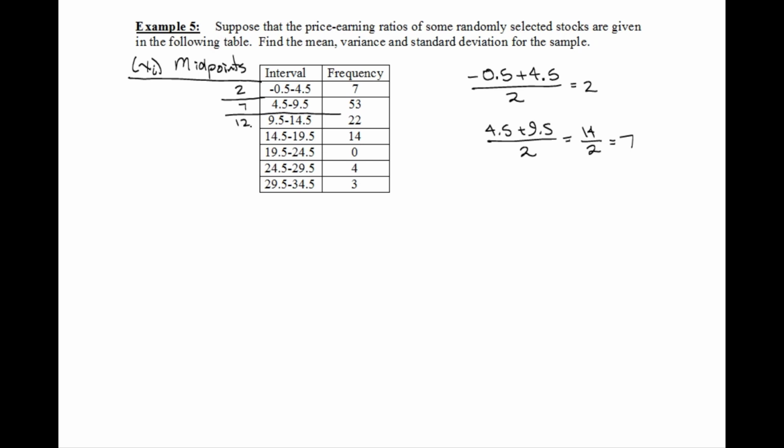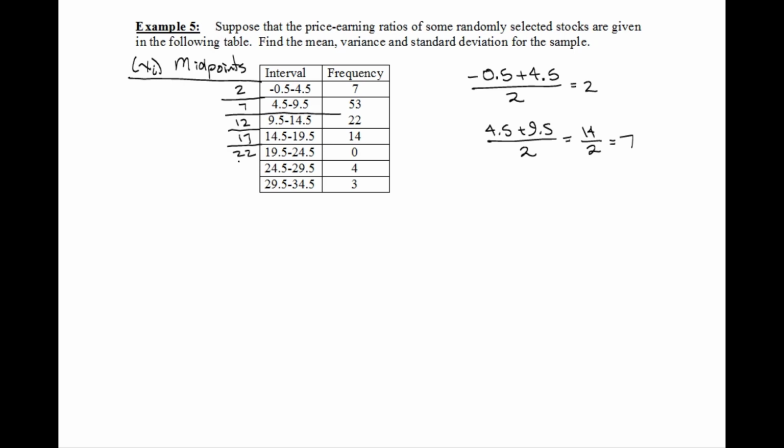Notice if all of my intervals are the same width, all my midpoints will be the same distance apart. Here all my intervals are 5 units wide, therefore all my midpoints will be 5 units apart. So we can figure out the pattern and then not have to do so much calculation. 17, notice that's 2.5 units from each edge of the interval.